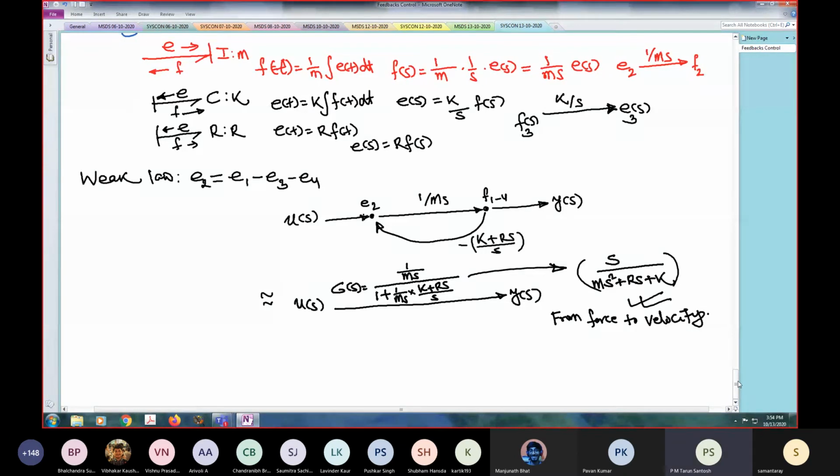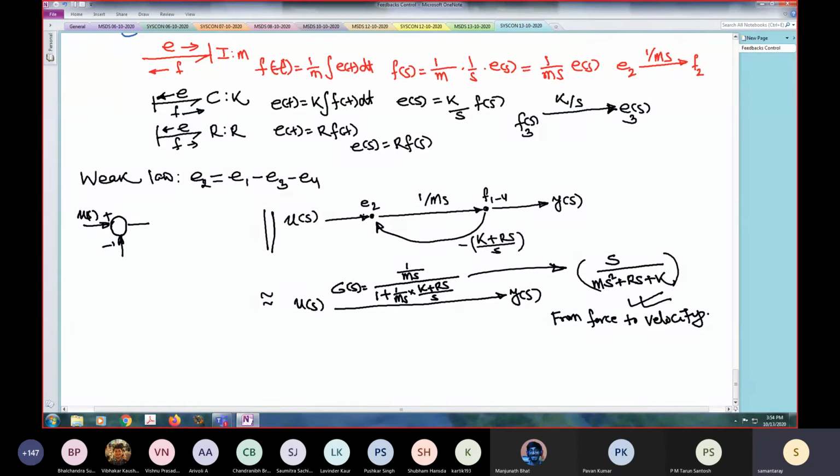Sir, could you repeat the last step, the conversion into block diagram part? This last one, US to YS. Yes, this one, the one I have drawn the line. So this is equivalent to US plus minus that, minus 1.